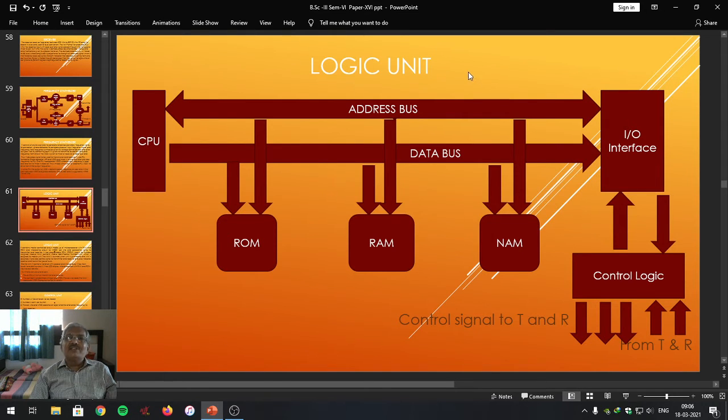Such a logic unit consists of a CPU, that is central processing unit, which is almost all software programmed unit.